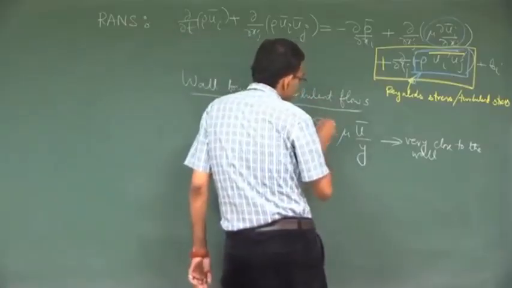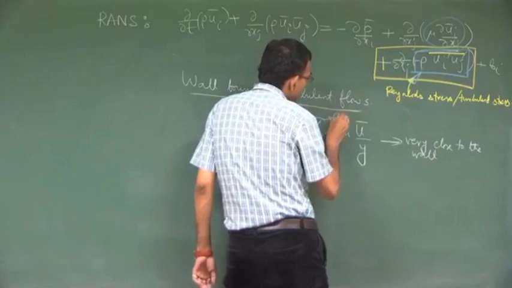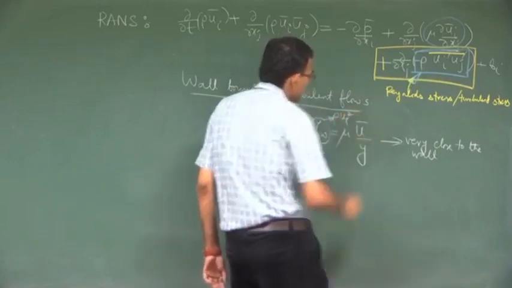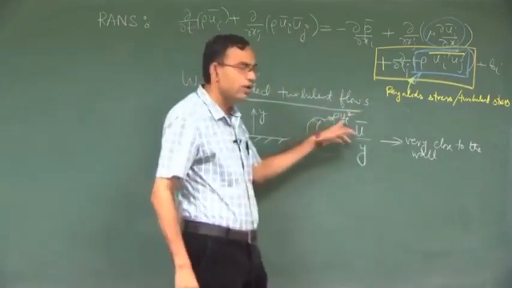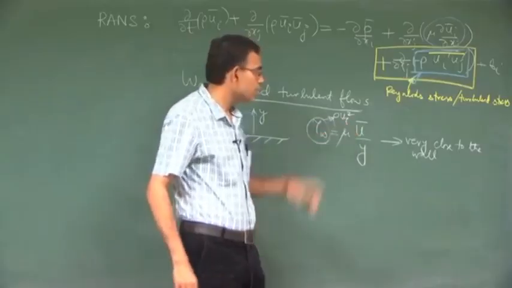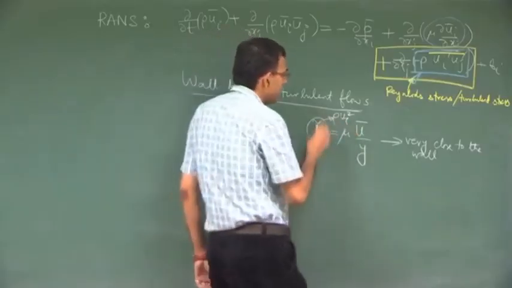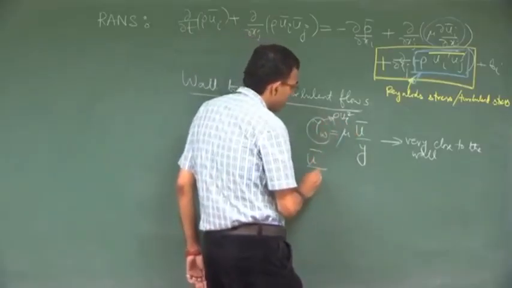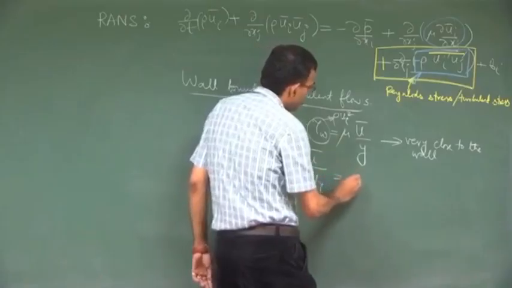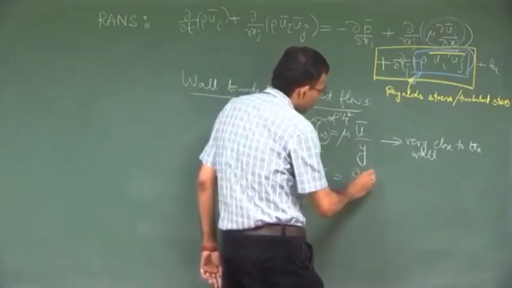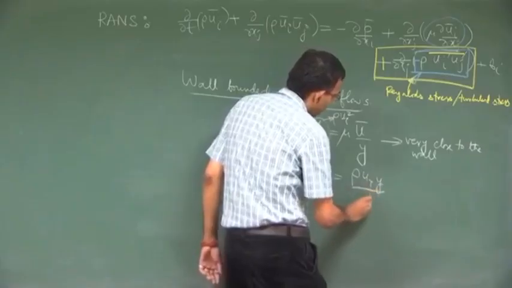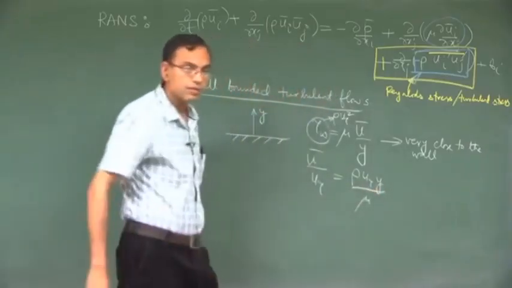So, this tau wall you can write in terms of a velocity scale, rho into u tau square. This is just from dimensional analogy. So, u bar by u tau is equal to, you can write, rho u tau y by mu, right.